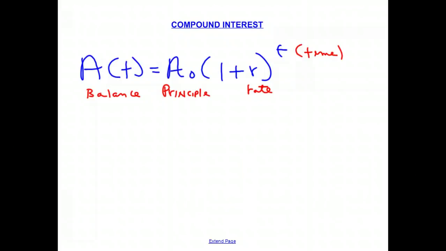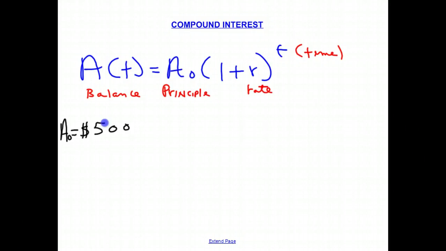Okay, so here we go. I just rewrote the formula for you. So A sub t is equal to A of t is equal to A sub 0 times 1 plus r to the t. So let's say we have a principal of, let's say, $500, and that will be our A sub 0.